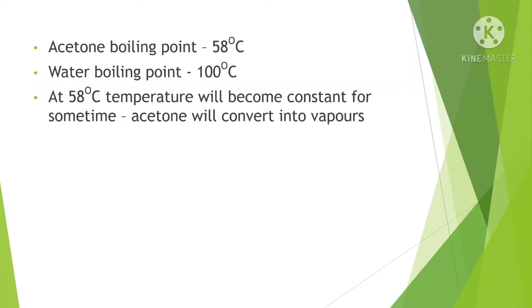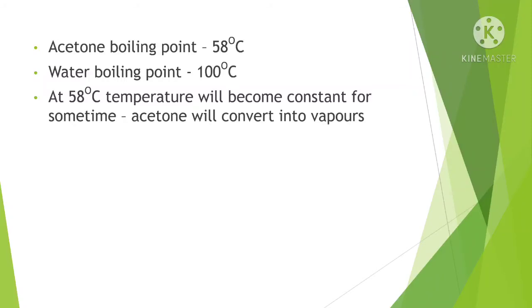That cold water will absorb the heat from the acetone vapors, so the acetone vapors will get cooled. When they get cooled, they will again convert into liquid acetone, and that liquid acetone will be collected in the beaker that we have kept below the water condenser.